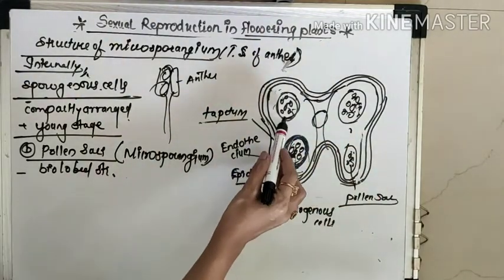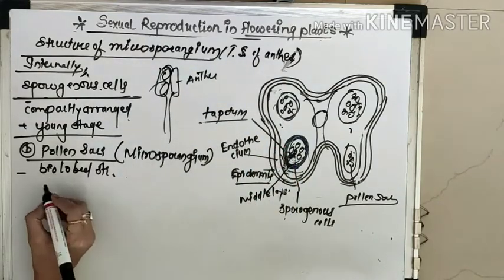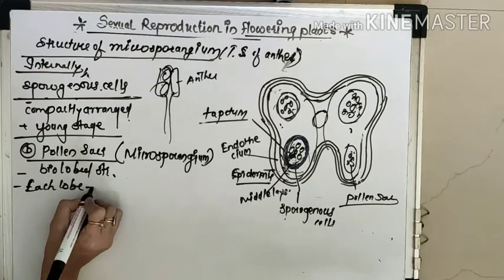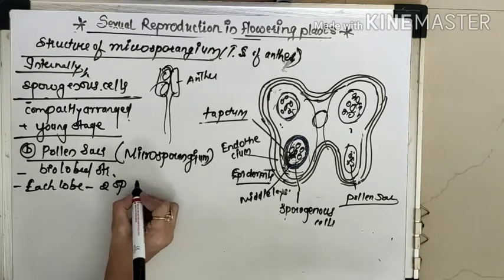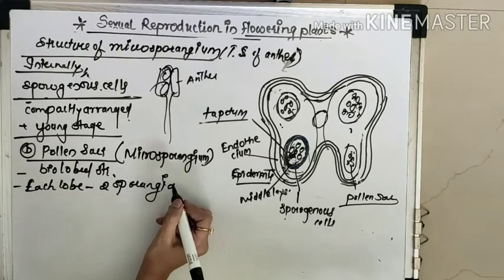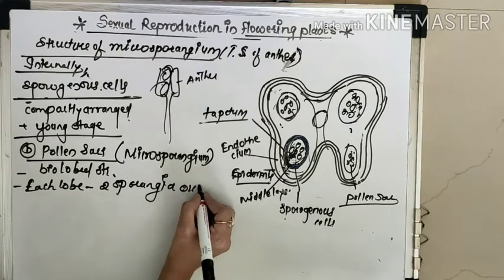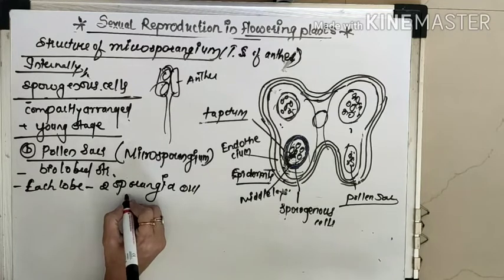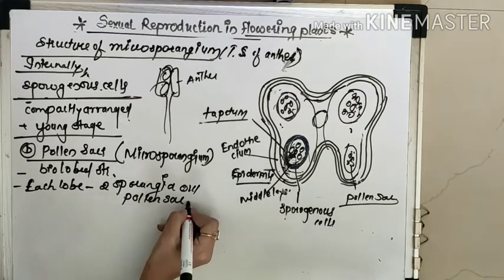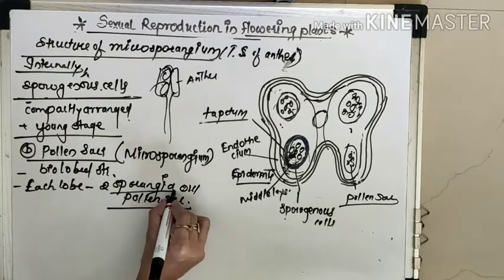Each lobe contains 2 sporangia, or pollen sacs; pollen sac and sporangia are the same thing.